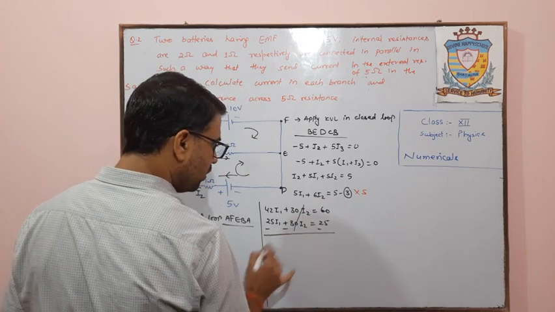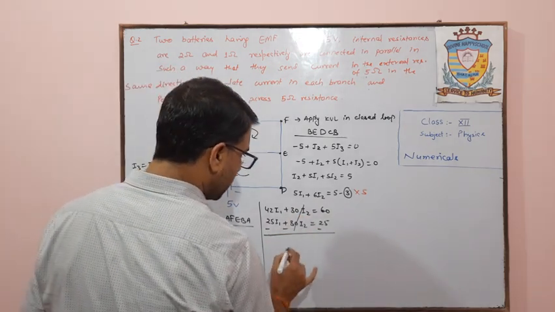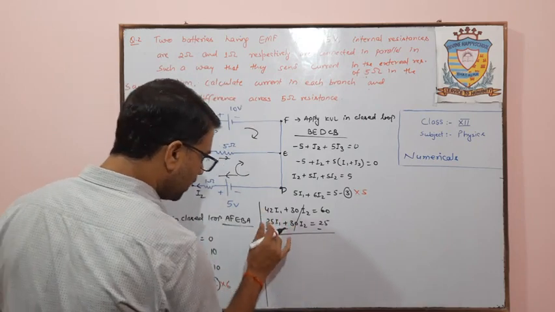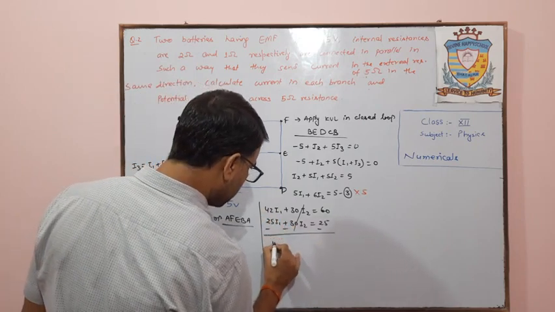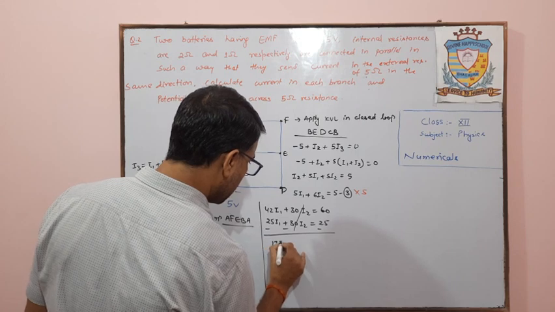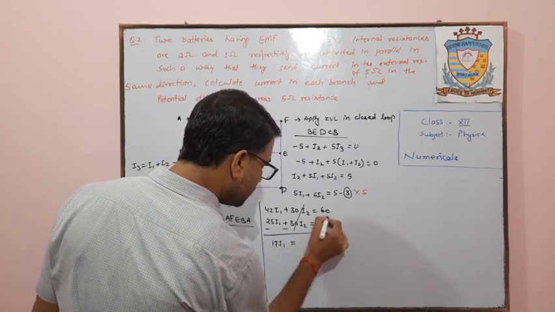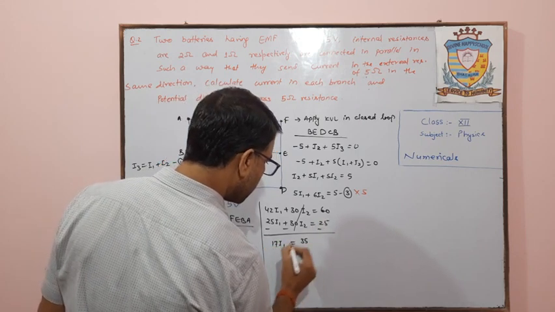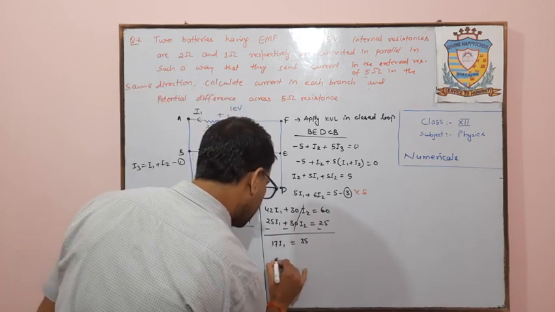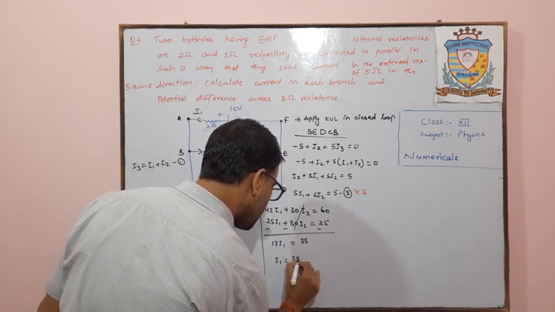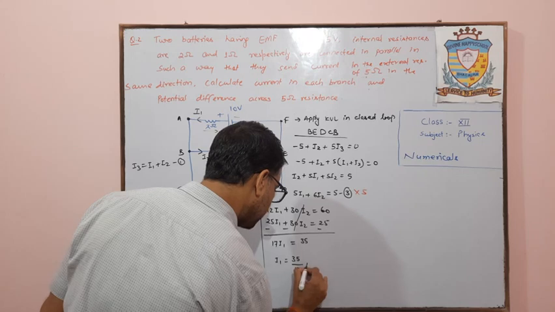So 30 I2 and 30 I2 will cancel out. Here we'll subtract it. So 17 I1 is equal to 35, and I1 is equal to 35 by 17 ampere.